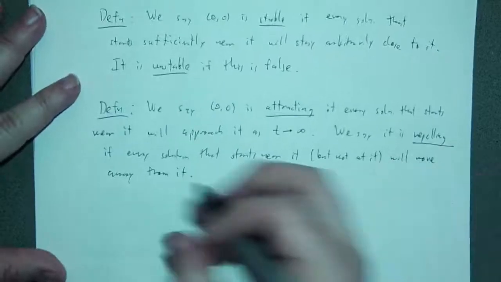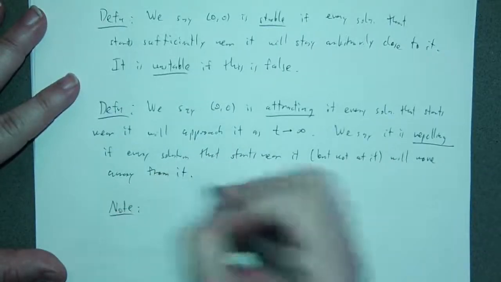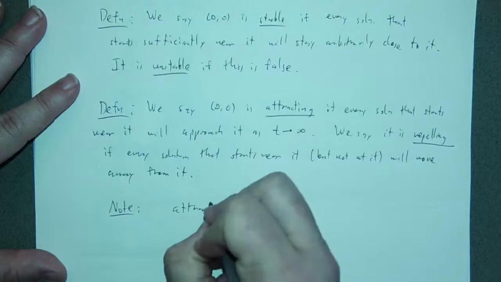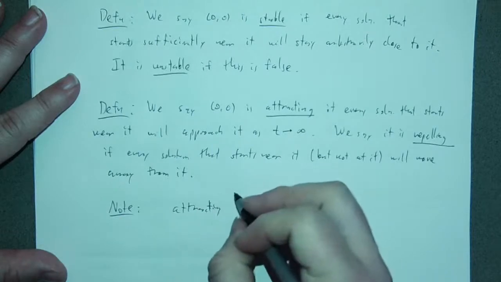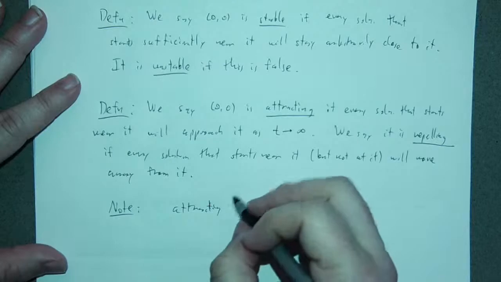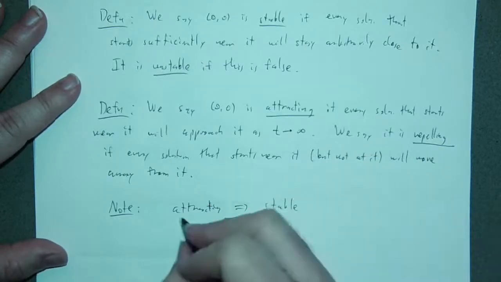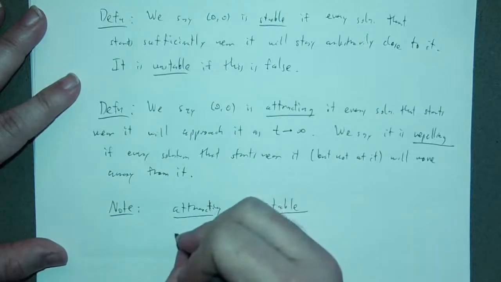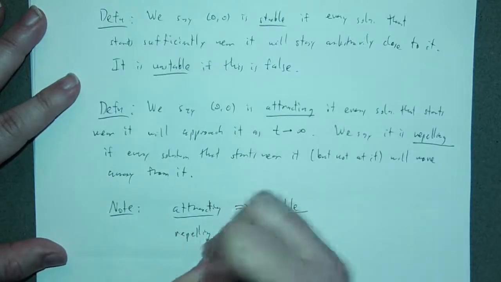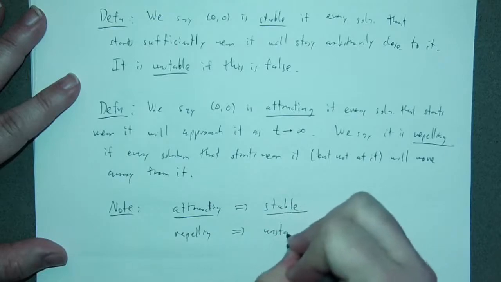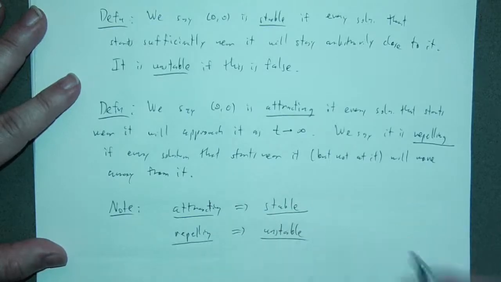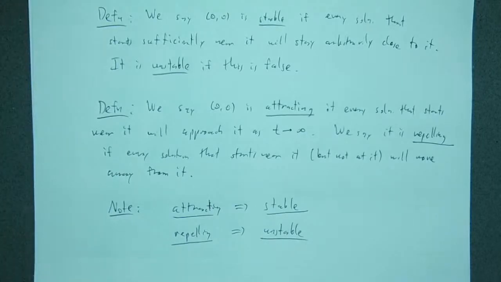Now, a note here. Attracting implies repelling. Or sorry, that's definitely not true. Attracting implies stable, and repelling implies unstable. Okay. So attracting and repelling are stronger versions of stable and unstable.